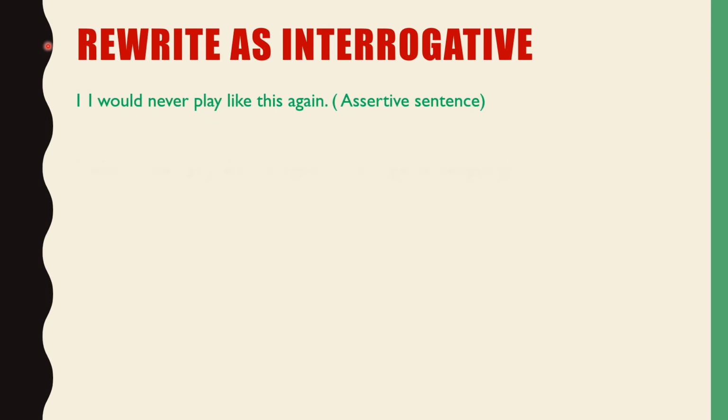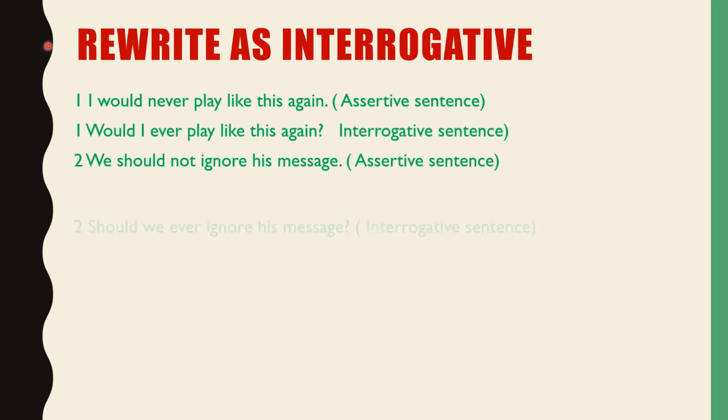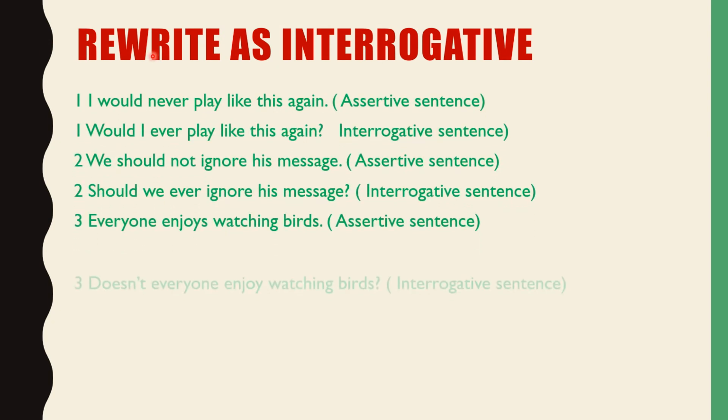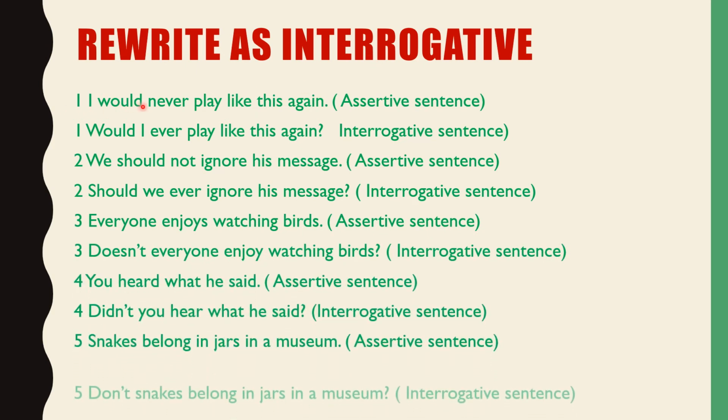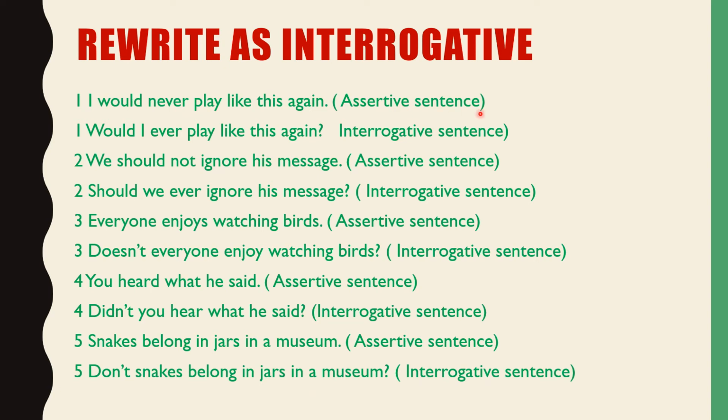A few more examples to understand how to rewrite assertive as interrogative. The first example, I would never play like this again. It's an assertive sentence. Now, over here, would is the auxiliary. The rule says that you use the auxiliary itself. Since this assertive is negative, the word never is used.